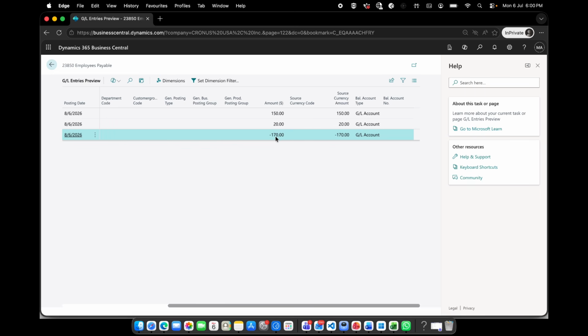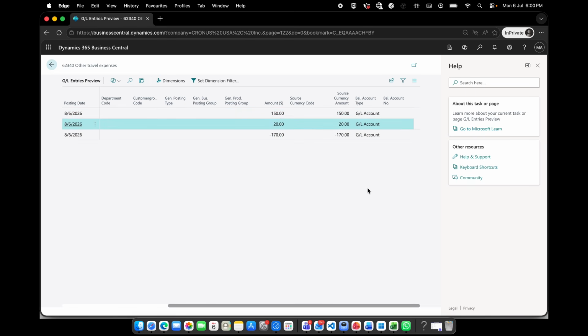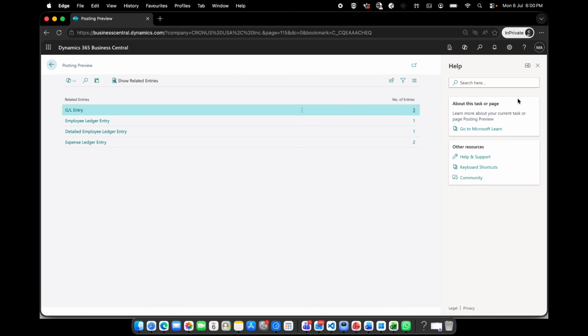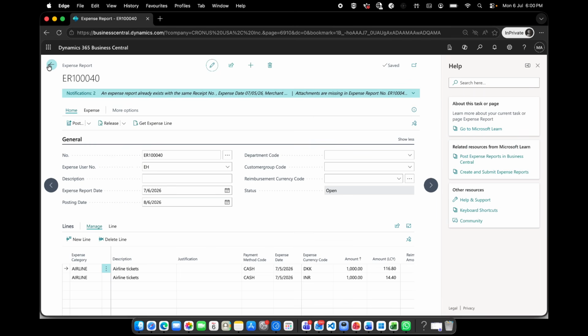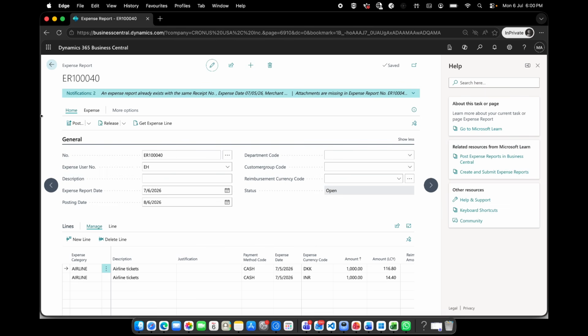So it's still going to be 170 for 170, 150 for your DKK, and then another one for your INR transaction. I know it's slightly complex to understand, but if you try to make the expense and get your head around this, you will definitely get the logic.